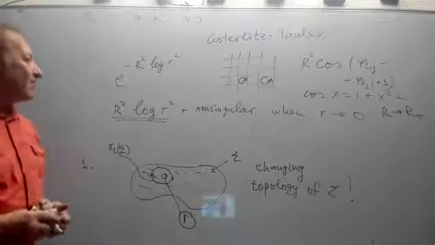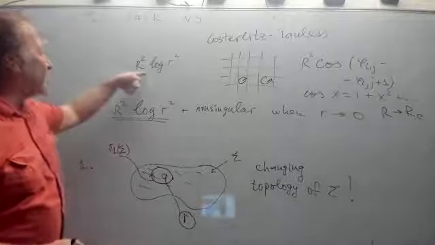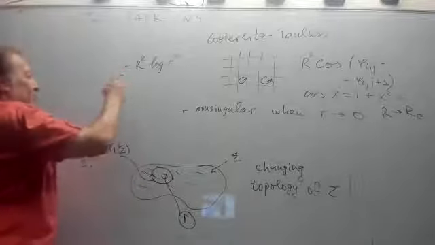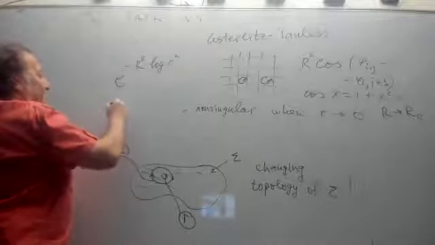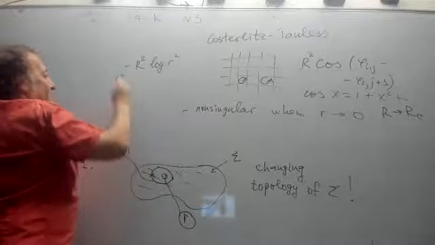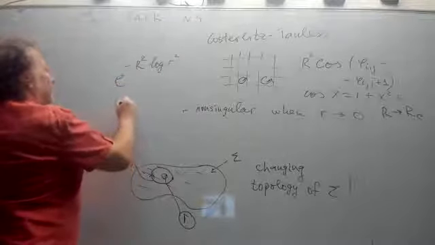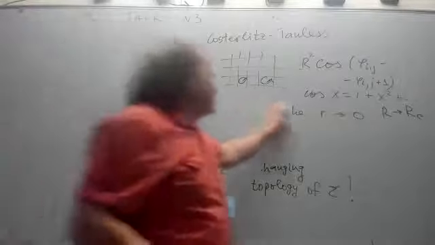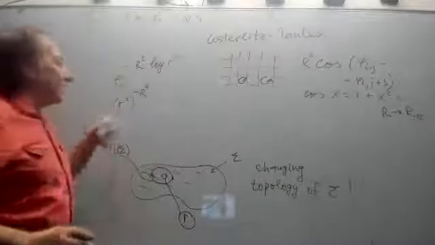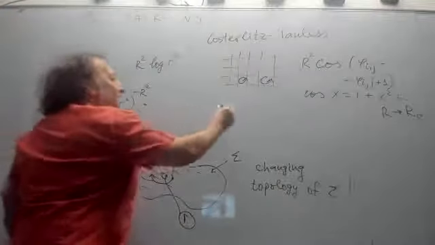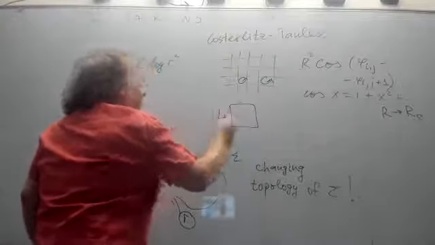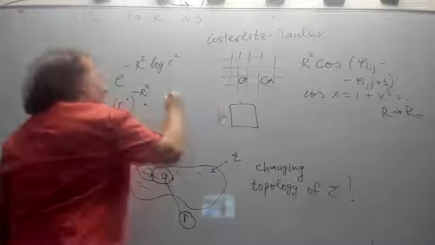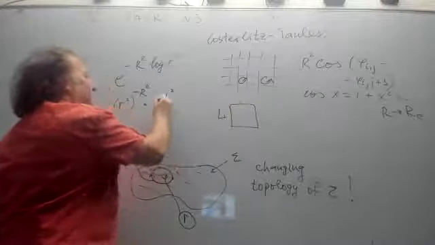And the entropy factor says that each particular vortex had suppression like e to the minus R squared. That was the suppression of each particular vortex. However, in a square of length L, the number of vortices that could be there was like L squared over R squared.